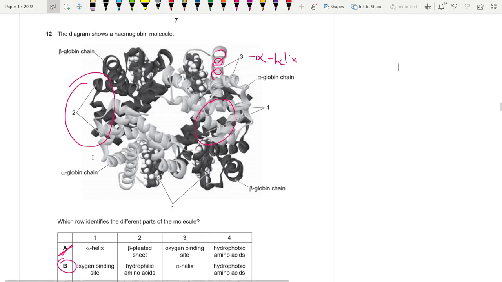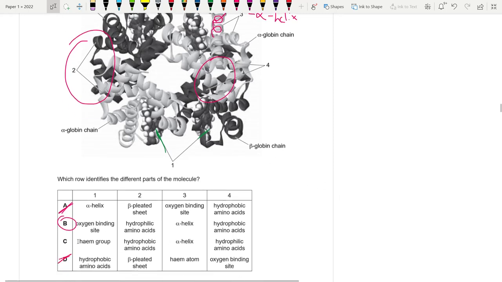So hear me out. As you can see, 1 is actually pointing to a particular compound over here, something that doesn't look like a protein. It might be the heme group or the oxygen binding site.